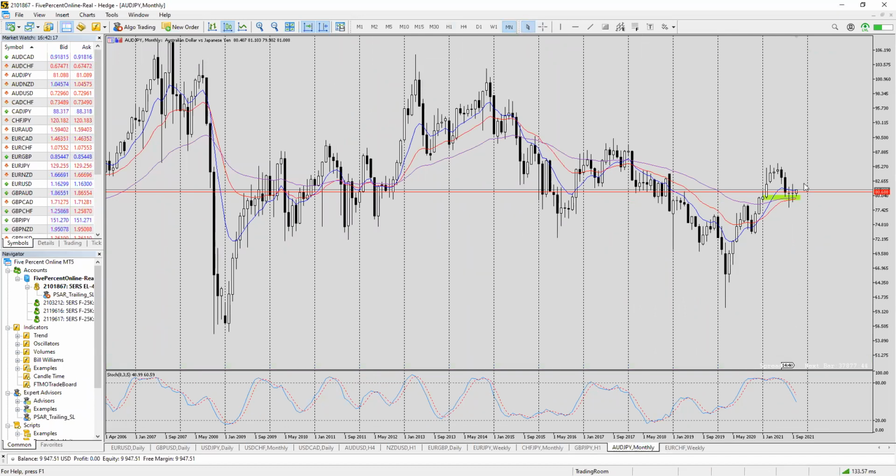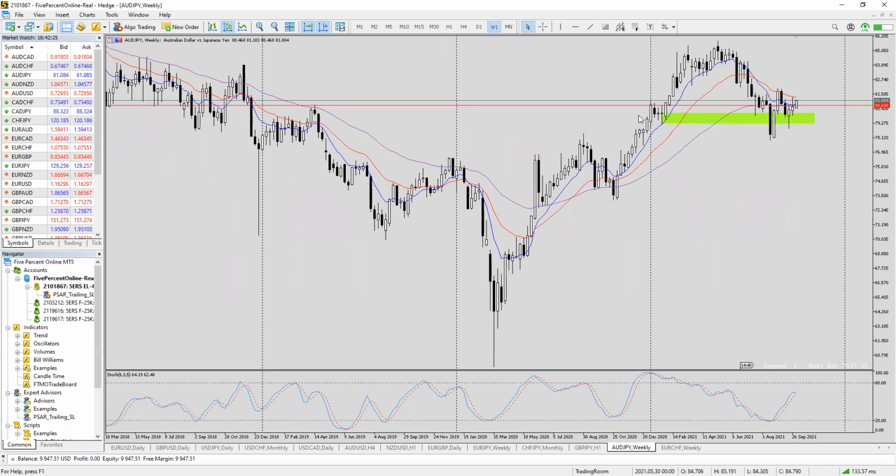Aussie yen, like other yen pairs, is also forming this reversal around previous resistance. We had resistance around here and a retest, and now it's going higher.